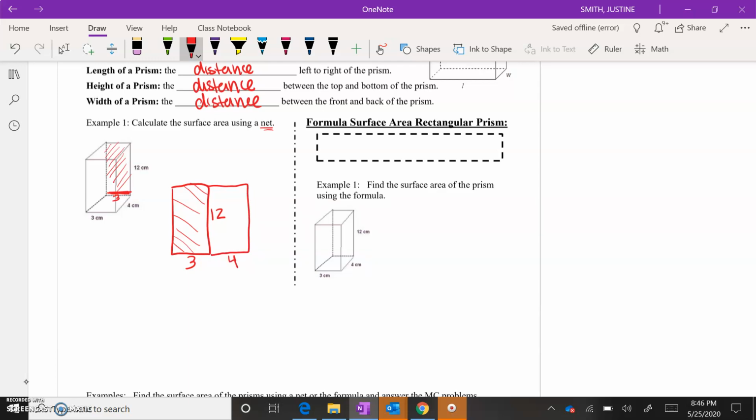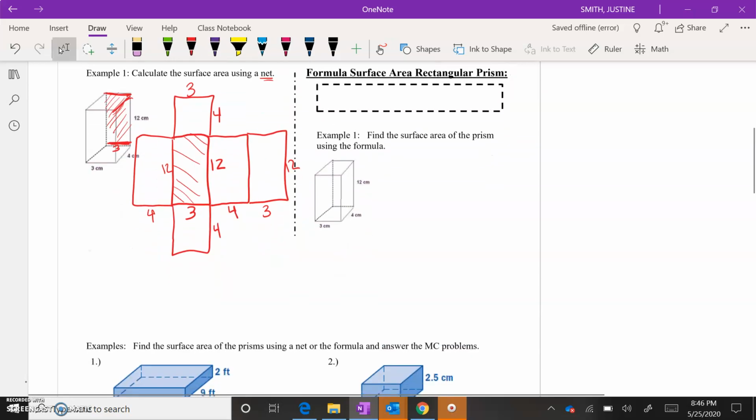I'm going to take the front and unfold it. This is the same, it's 12 by 3. I'm going to take this other side and unfold it, and that's 12 by 4. Then there's also this top that I'm going to unfold, which is 3 by 4, and the bottom that I'm going to unfold, which is also 3 by 4.